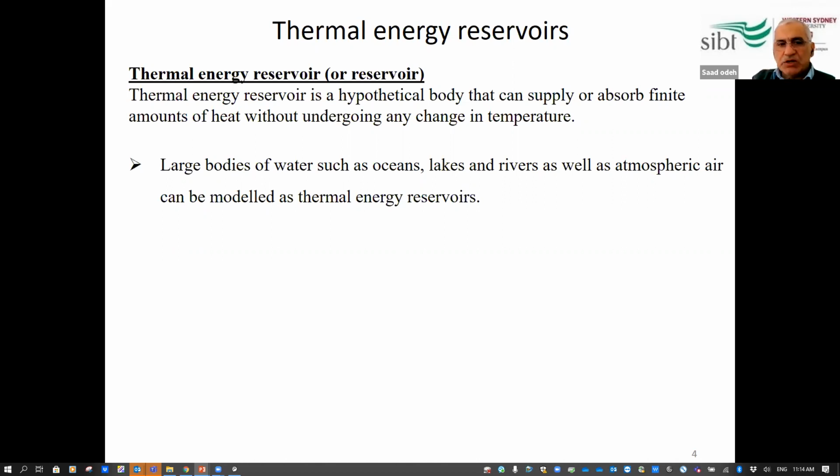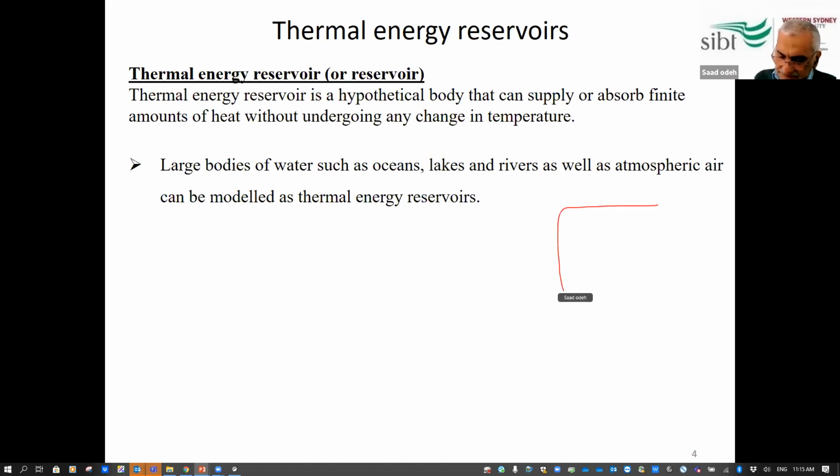Why? Because they are too big. No matter how much energy you release to this reservoir, the temperature of the reservoir will not change. Let me put it again in this form.